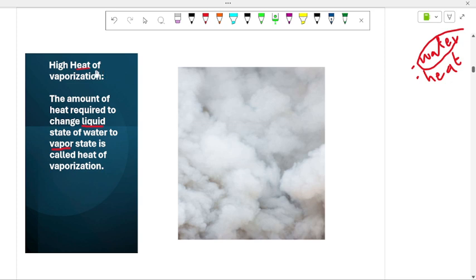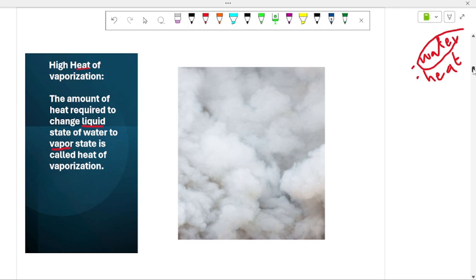Now the other thing that we need to understand is this "high". High means we have to give a high amount of energy so that this particular water will change its state. So what we have understood about heat of vaporization.